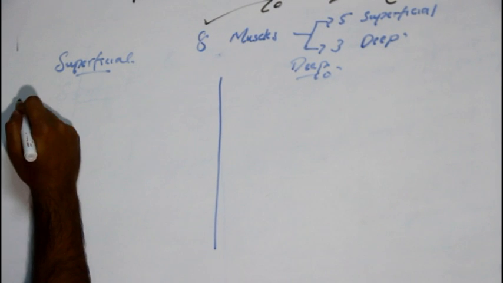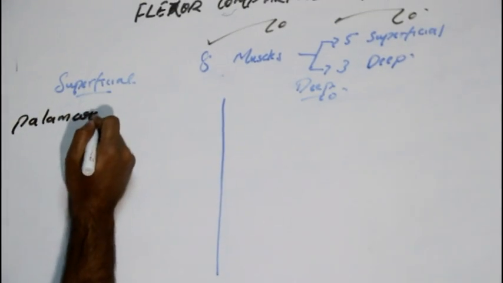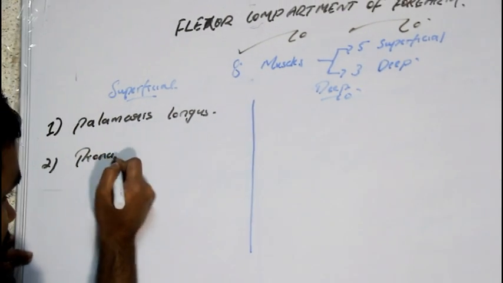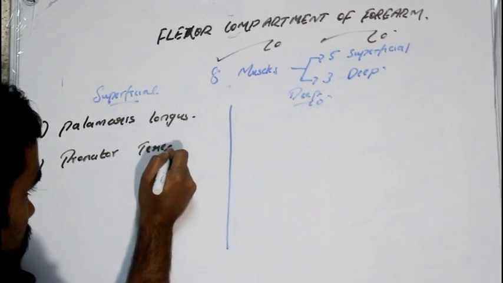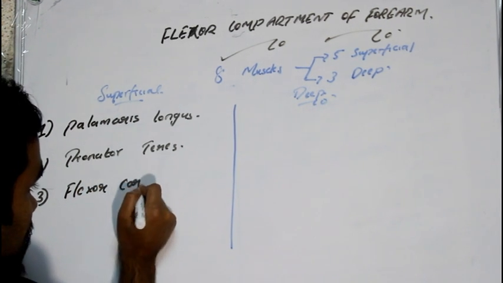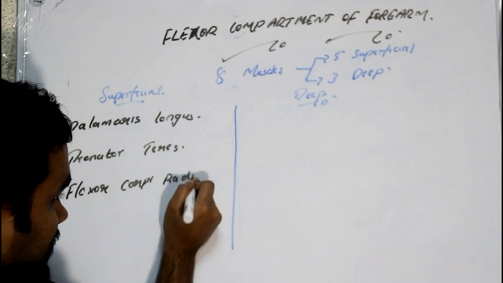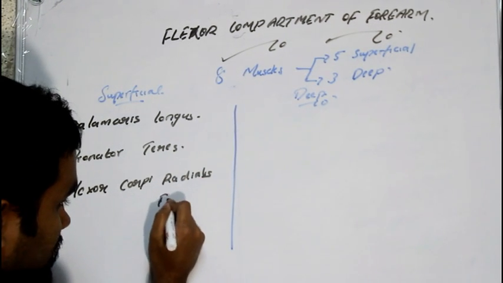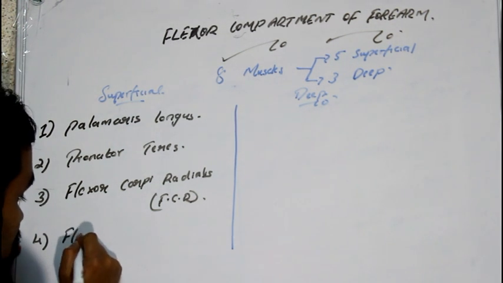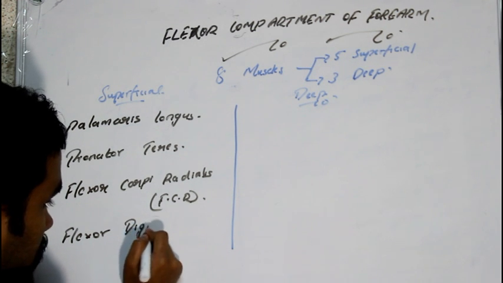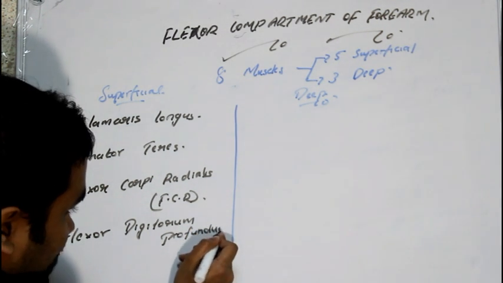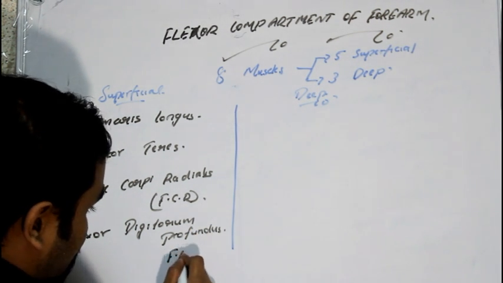First one is palmaris longus. Second one is pronator teres. Third one is flexor carpi radialis. You can call it as FCR. Then we have flexor digitorum profundus, you can call it as FDP.